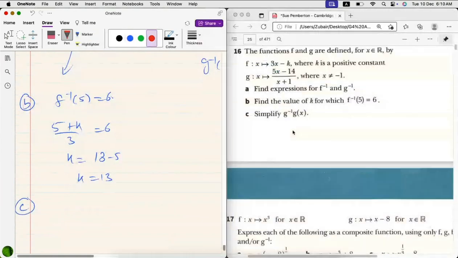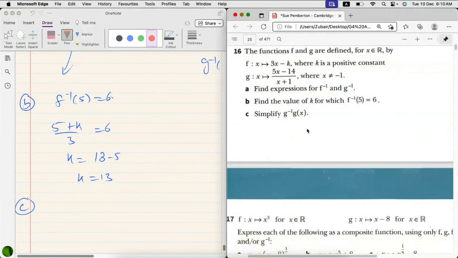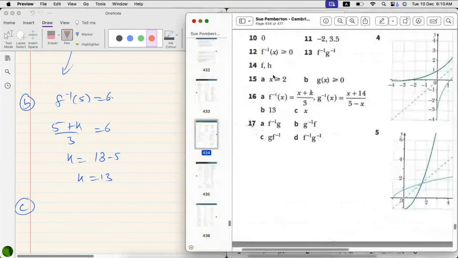And part C says g inverse of g of x would be just x. If we put an inverse in a function or a function in its inverse, it would lie on y is equal to x. 16C is just x without solving.